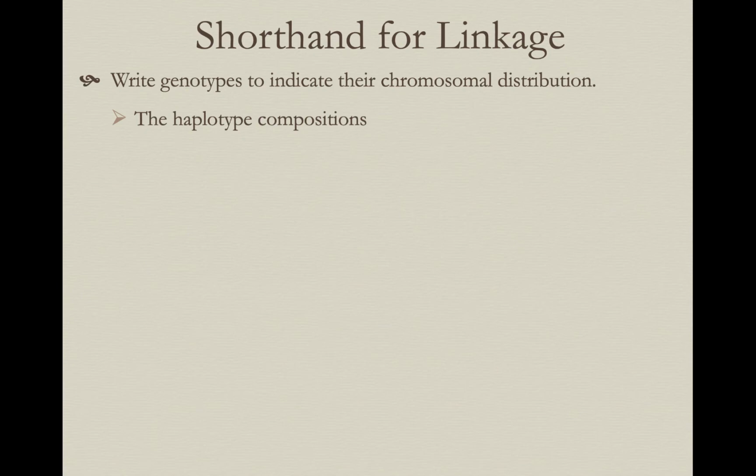Now, we use a shorthand for when we're trying to look at the potential haplotypes being formed. We do this by indicating which chromosomes they're distributed on, so the specific haplotype combinations.